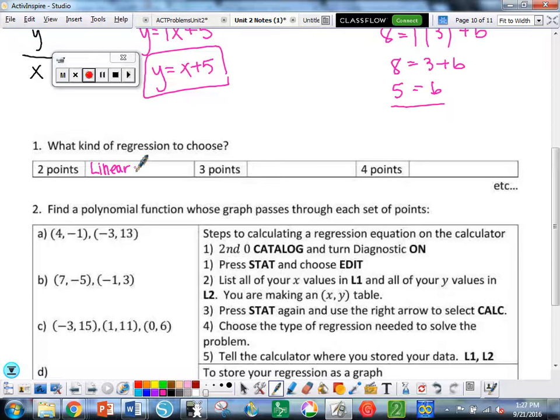If I'm given 3 points, I'm going to choose a what kind of regression? Quadratic. I'm given 4 points, I'm going to draw a cubic, etc. If I'm given 5 points, one less, quartic. If I'm given 6 points, one less, quintic, and so on.